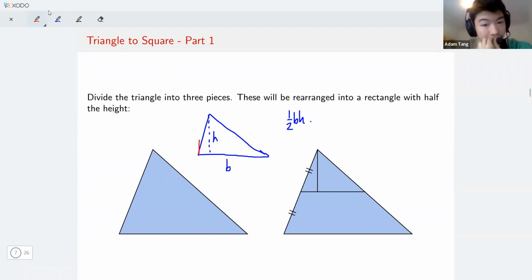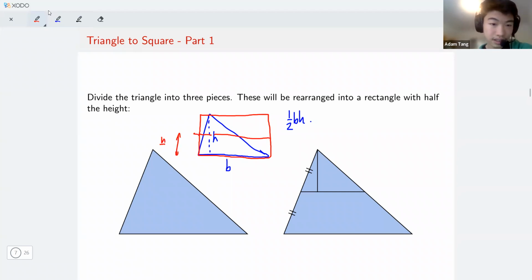One of them is if you take a rectangle inscribing the triangle, then the area of this is BH, right? And the area of the triangle is half of the area of this rectangle. So we can consider what happens when we halve this rectangle along the midpoint. The height is now h/2. We can see that the lower half of this rectangle has area bh/2, which is exactly equal to the area of the triangle.